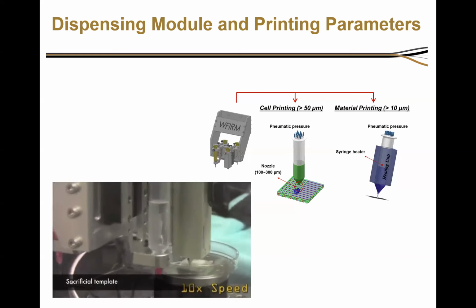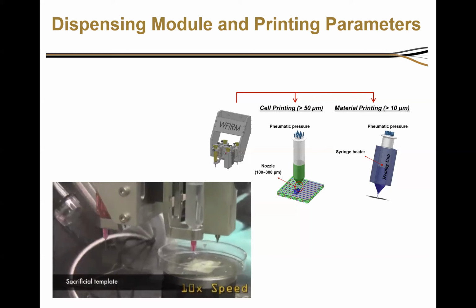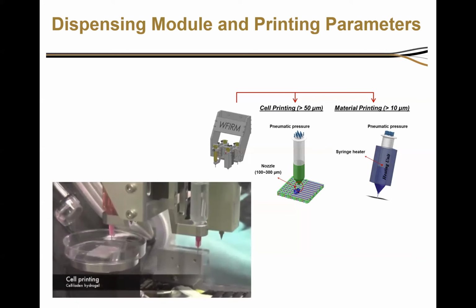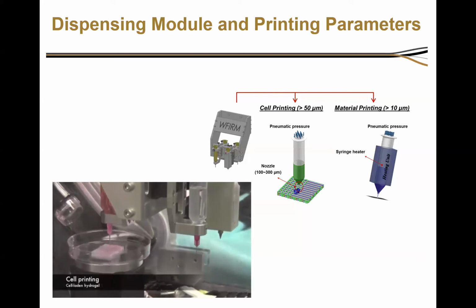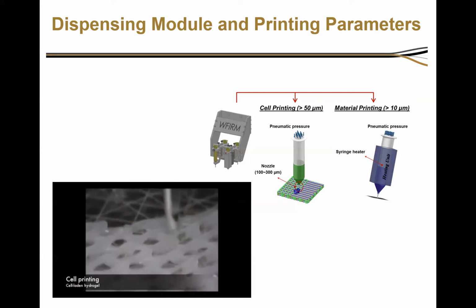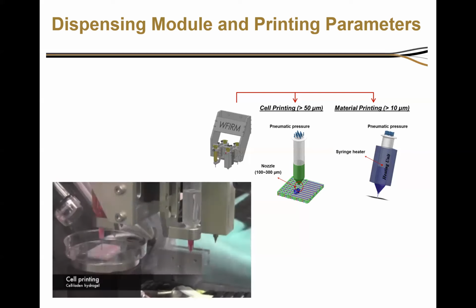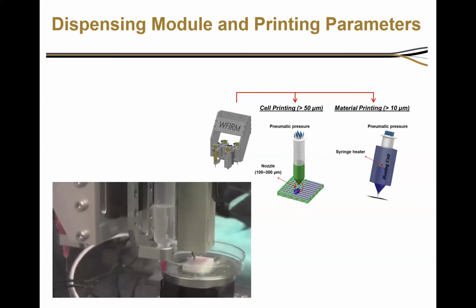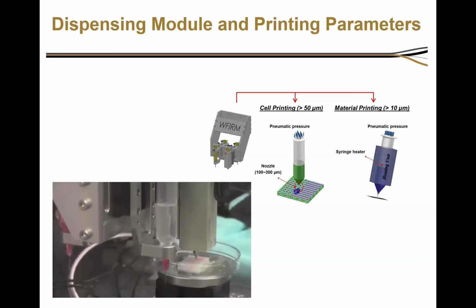We need to use that as a support as we're printing a 3D structure. And then here you can see that we're using a hydrogel containing cells. So 3 different print heads, and all of these get incorporated into the construct. So the cells are present as the construct is being printed.